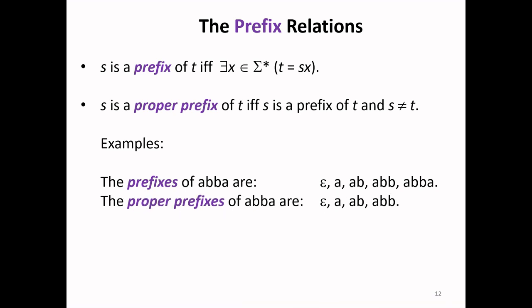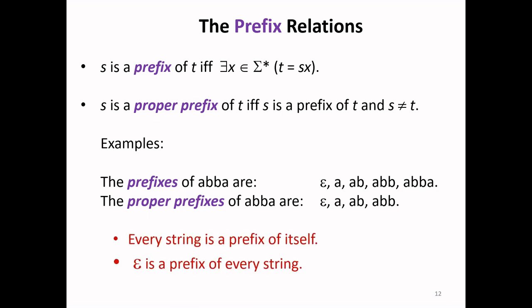Proper prefixes of ABBA are epsilon, A, AB, ABB, whereas it does not include ABBA, because if we include ABBA as a proper prefix, then at that time S will be equal to T, and it violates the rule of proper prefix.